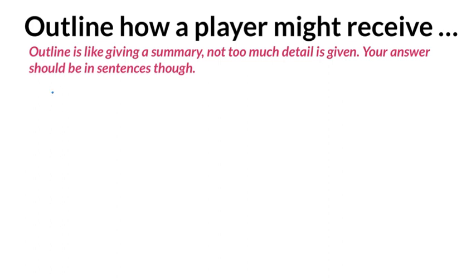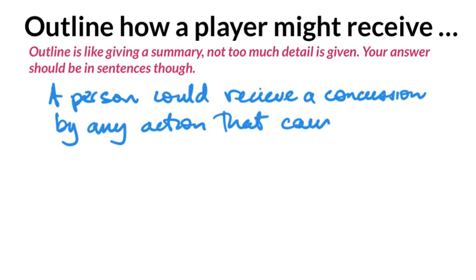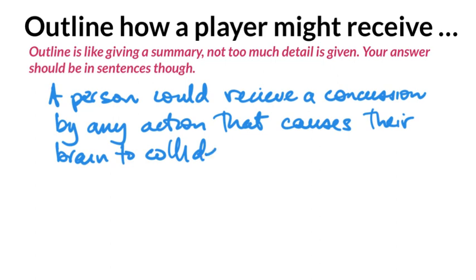So we could say something like, a person could, oops, sorry about my writing, could receive a concussion by any action that causes their brain to collide with their skull.